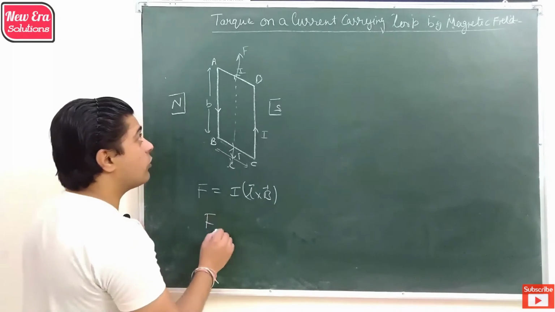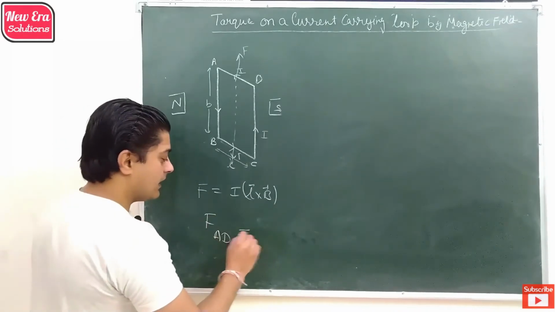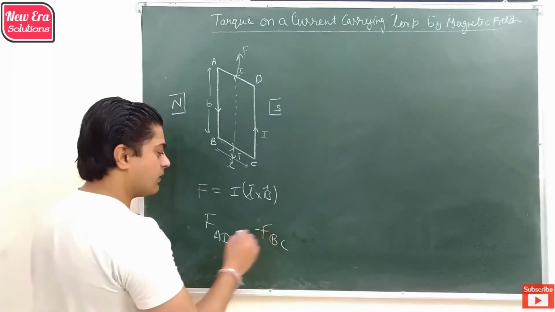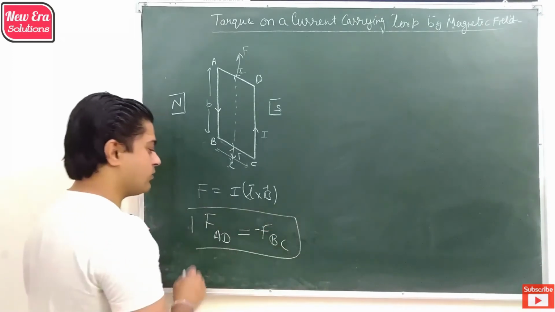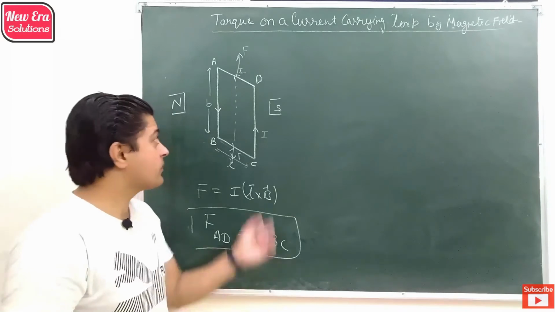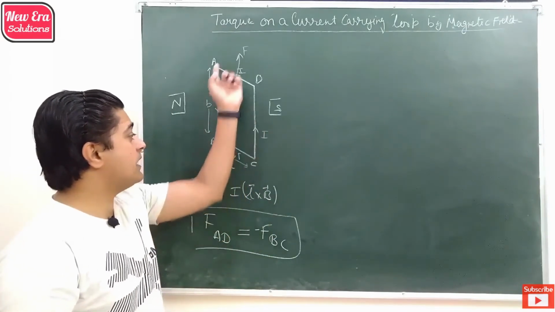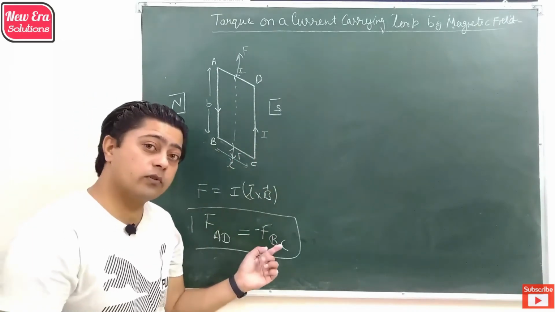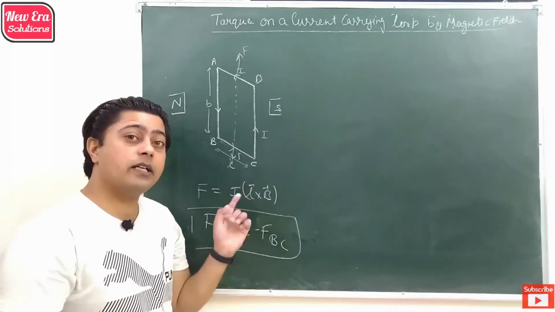The force on AD is equal to the force on segment BC but with a negative sign, so they cancel out each other. But the two segments AB and CD have equal forces but in different lines.